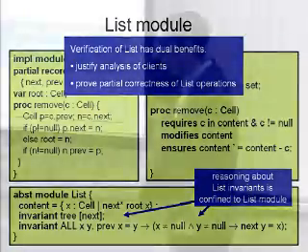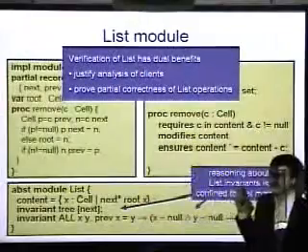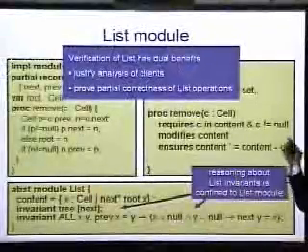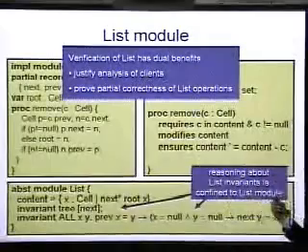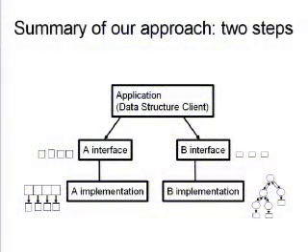And so in this process, note that when we verify that the implementation conforms to the specification, we are both justifying the analysis of clients, because it means that the client is entitled to use this specification, and also we are proving partial correctness of the implementation, because this is a nice description of what the remove does. Basically, it tells you that it removes an element from the set.